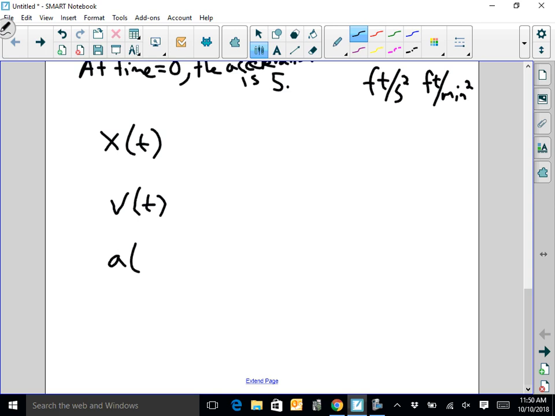If I want to move from x of t to v of t, or from v of t to a of t, I need to do a derivative, right? Derivative allows us to find slope at any time. So to move down this ladder, I have to do a derivative. I'm going to say d dt instead of d dx because our variable here is t.